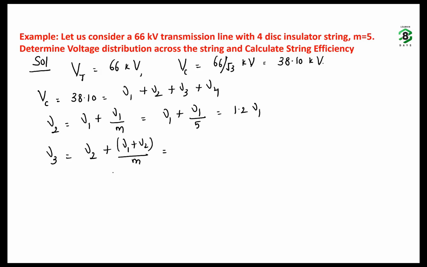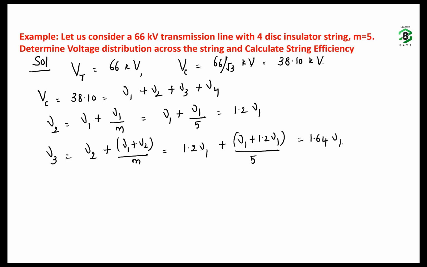Already we know v2 in terms of v1, that is 1.2 v1. So v3 is 1.2 v1 plus (v1 plus 1.2 v1) whole divided by 5. If you simplify, this will become 1.64 v1.